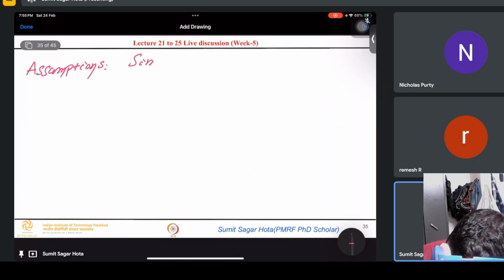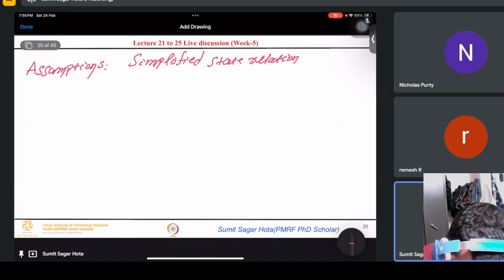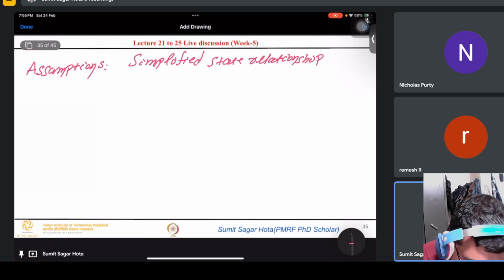The basic assumption is that all things are simplified, meaning there will be no change of state with time. Start with the first part.